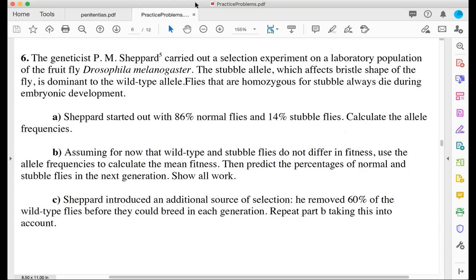And let's do this on the whiteboard. Let's enlarge that a bit. Okay, so we start out with stubble dominant to wild type. But flies that are homozygous for stubble die during development.